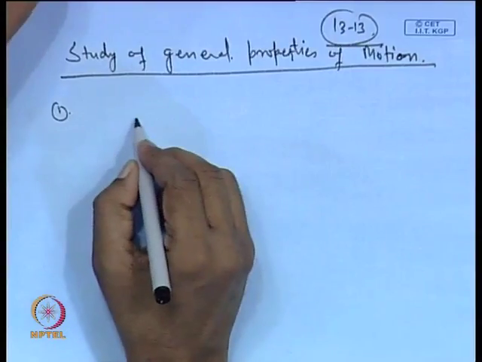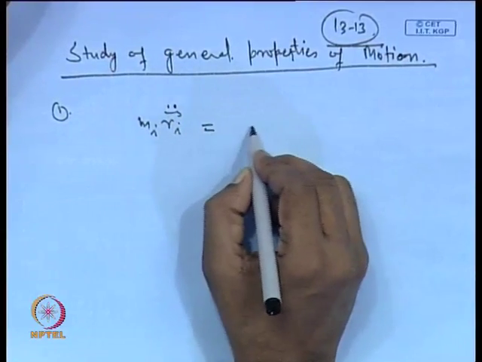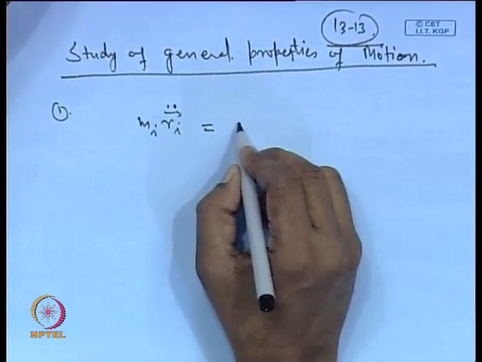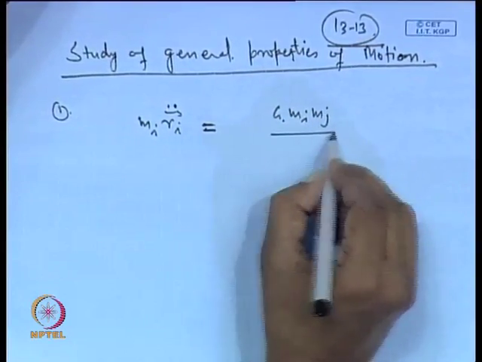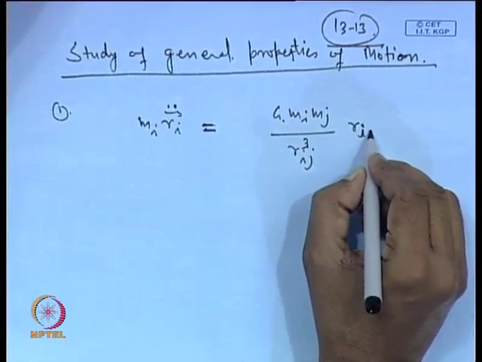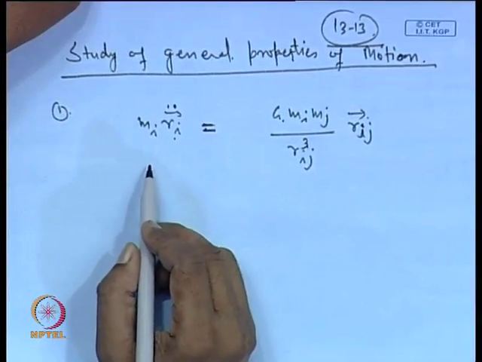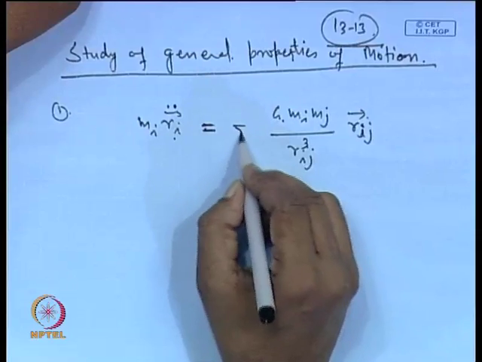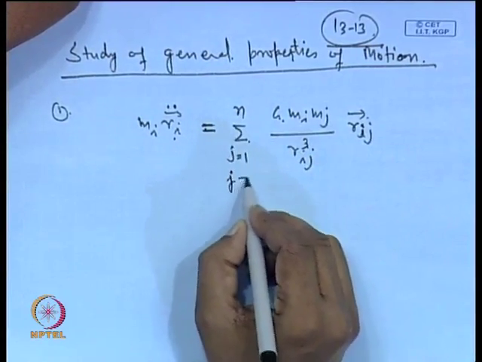Okay. So, going back to our original equation, where we wrote the equation of motion as m_i r_i double dot for the i-th particle as G times m_i times m_j divided by r_ij whole cube, times r_ij. So, this is the equation of motion of the i-th particle due to the j-th particle, and we then sum over j equal to 1 to n, where j is not equal to i.